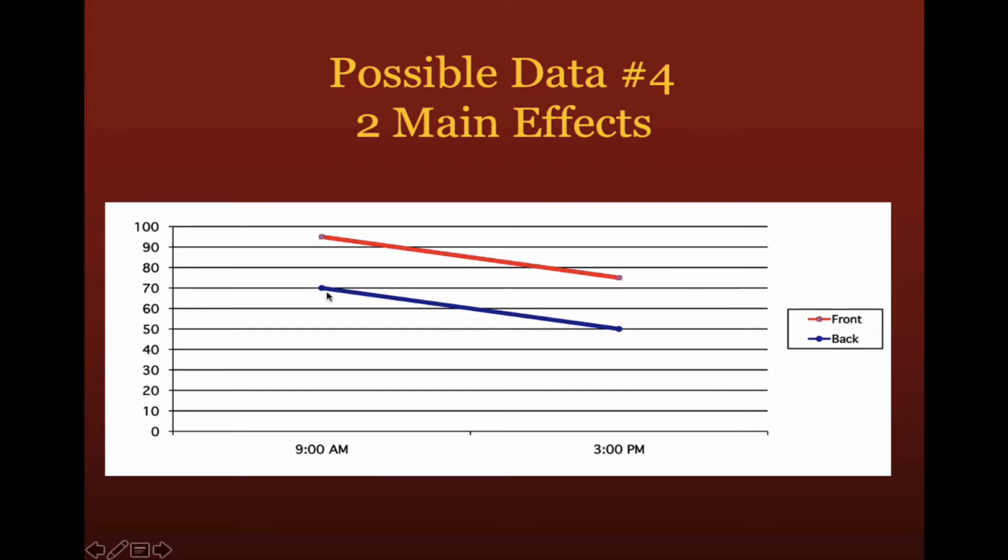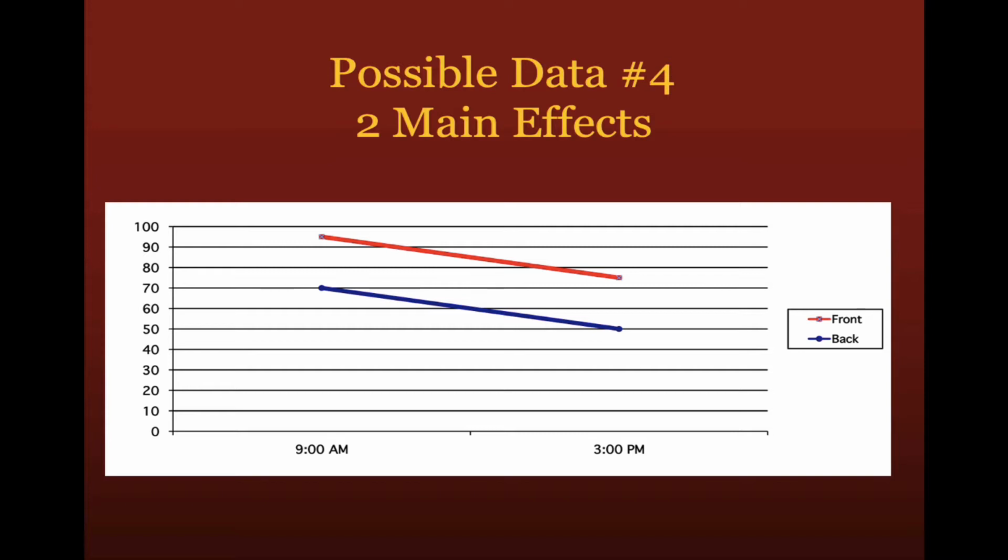The average of our backs is going to be 70 and 50. So the average of that is 60. So 85 is higher than 60. So therefore, we can say that we have a main effect of seating location, such that those in the front, M equals 85, were higher than those in the back, M equals 60.